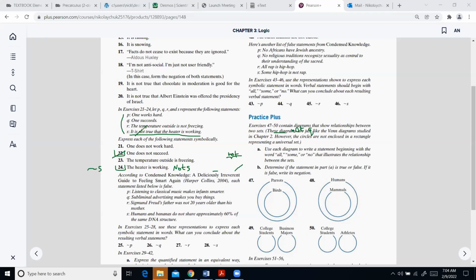So if you cross out not, you get it is true that heater is working. Well, looks like that'd be exactly the same as 24. So I negated S and produced 24.